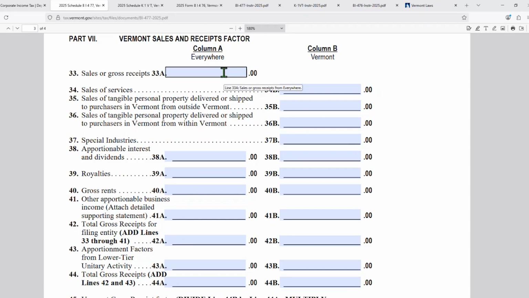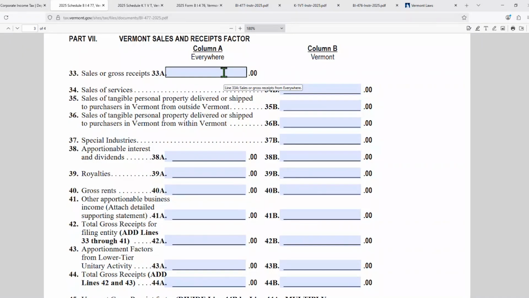You have to look at what the business is doing itself. So if the business is in the business of renting properties, then it's probably not all going to be non-apportionable for that particular filer. Some of it is going to be apportionable. So you're going to have to make a debit out of that section under the recharacterization line, which we can get to in a few minutes, and then make a credit into the other section, the apportionable income section.